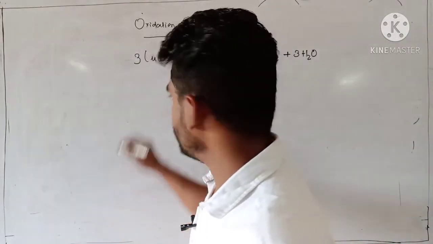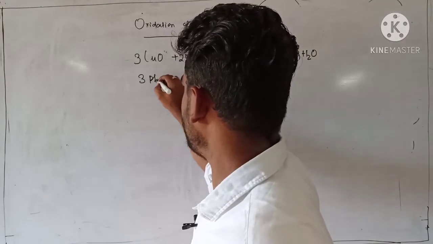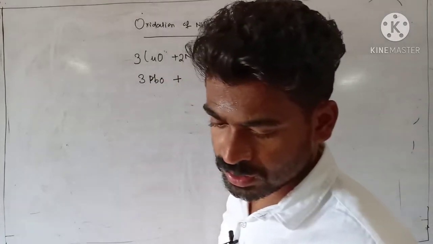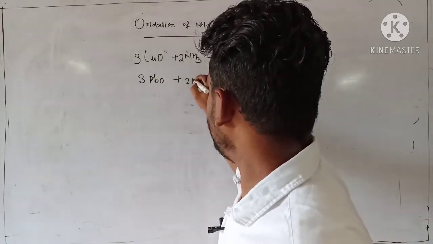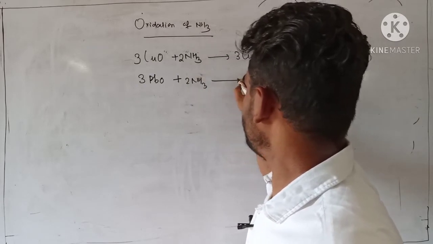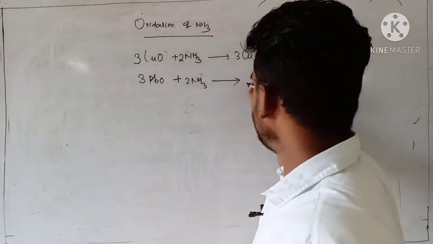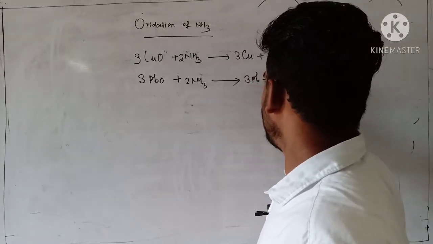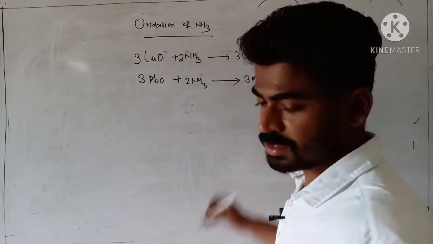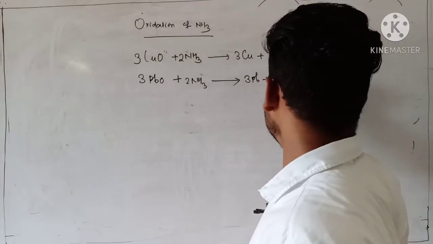If you treat 3PbO with 2NH3, then it will give you 3Pb plus N2 plus 3H2O.